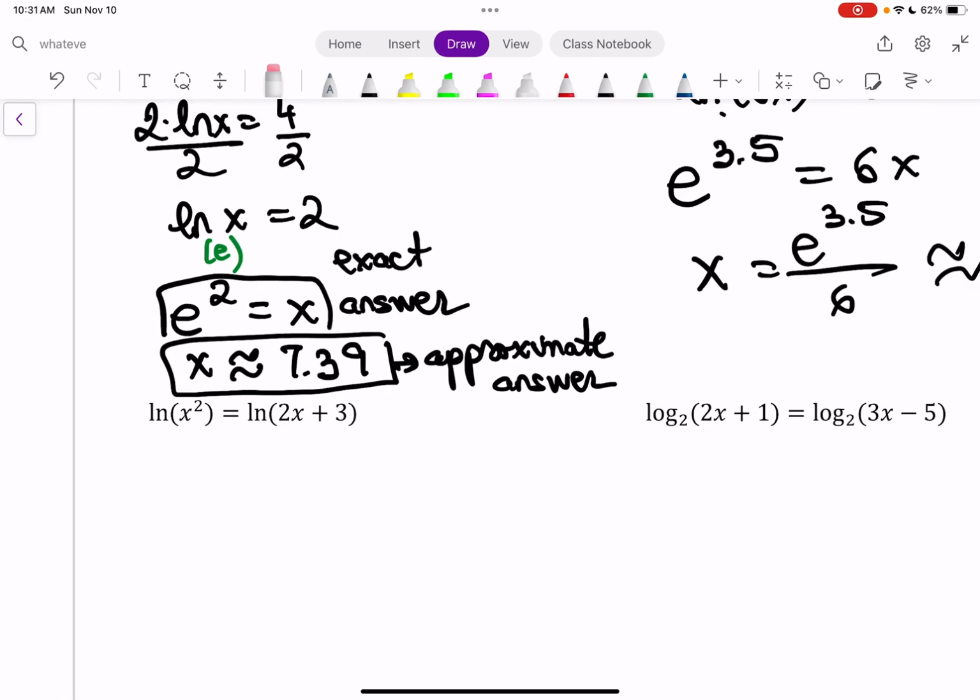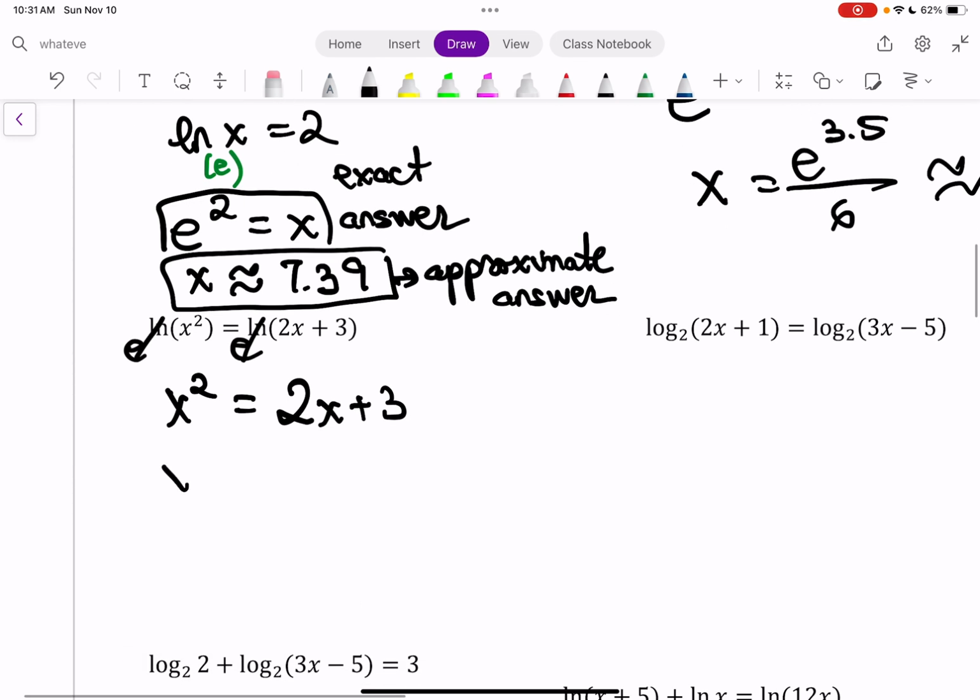Natural log of something equals natural log of something. Well, that means x squared must equal 2x plus 3. Really, the reason why they went away is because we put a base of e under each of these logs, and a natural log and a natural exponential function cancel each other out, but you don't have to write that.